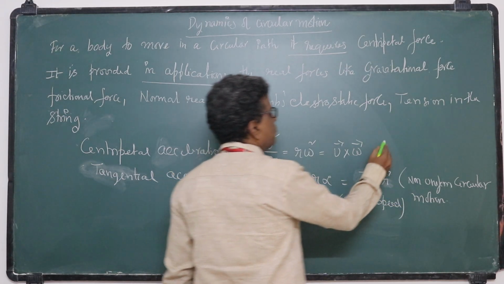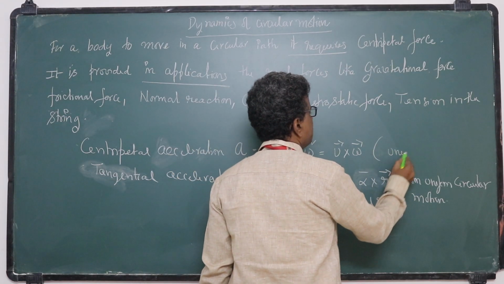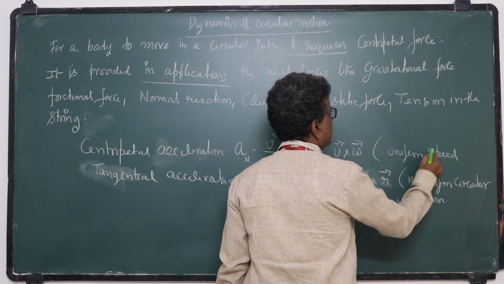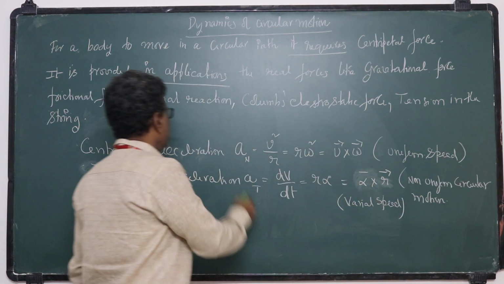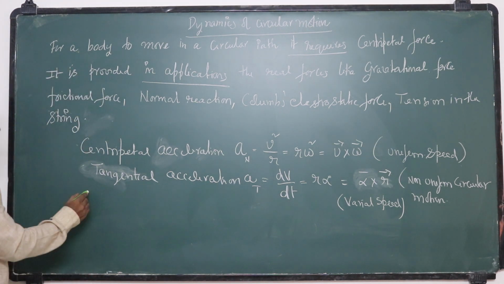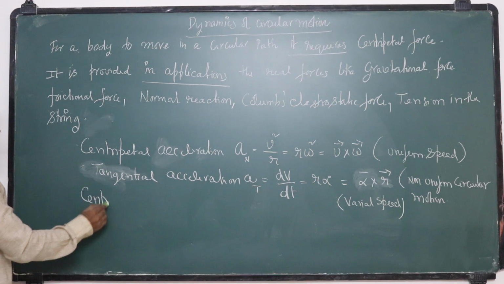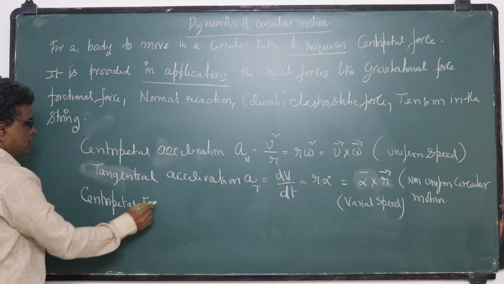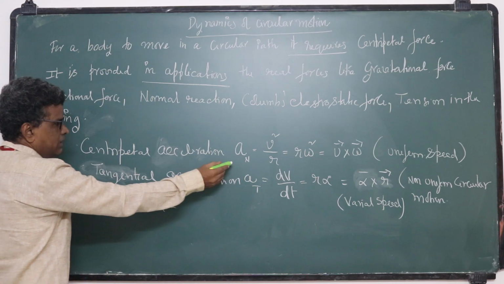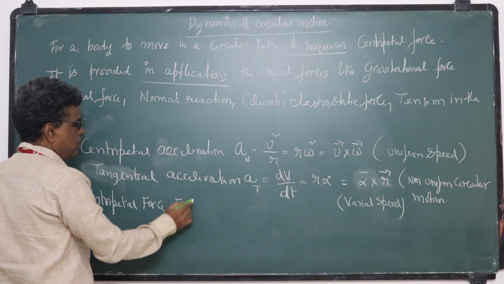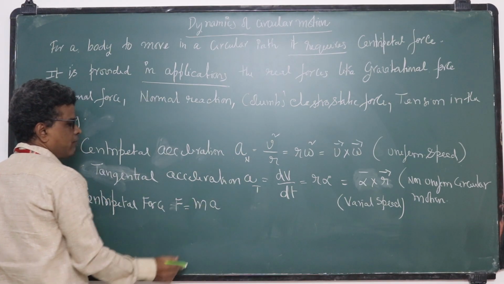Here the body moves with a uniform speed. Then it has centripetal acceleration only. The corresponding force is called centripetal force. You multiply this acceleration with mass from Newton's second law, F is equal to ma.